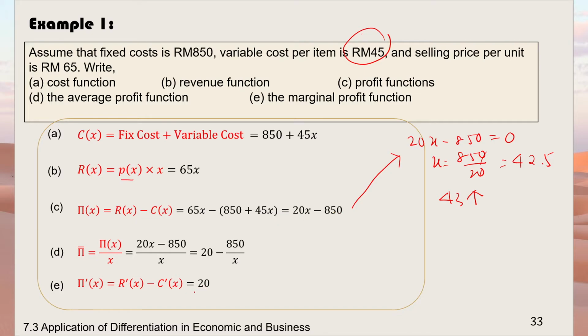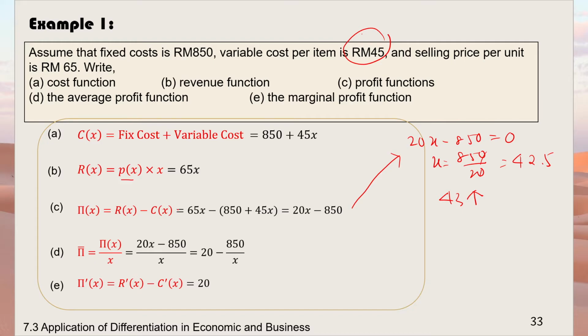What it tells you is that regardless of how many units you sell, you are almost getting a profit of 20. Actually it's not that true, because if you sell below 42, you didn't earn money. So this is basically just a guideline.